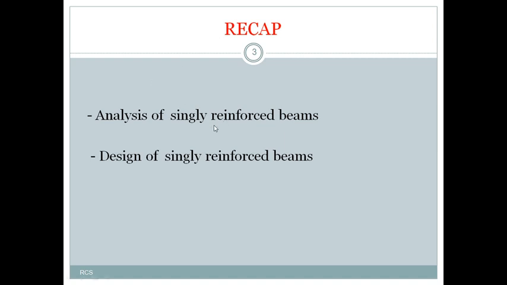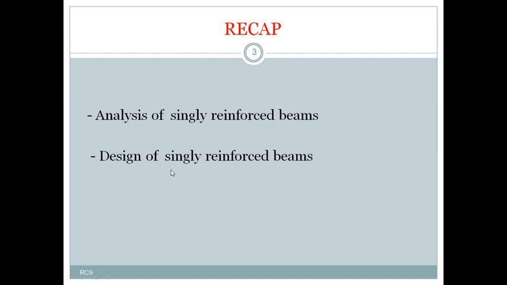The depth of neutral axis is the distance between the top fiber of the cross section and the neutral axis, right? By knowing this, we have to calculate the moment of resistance. The moment of resistance is the couple formed by the compressive and tensile forces. Because of that, an internal moment is generated, which is the resisting capacity of a beam due to applied load.